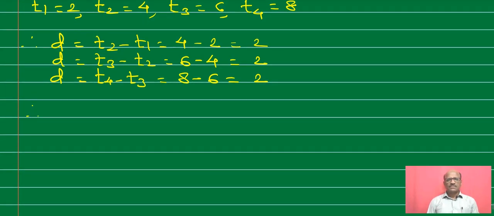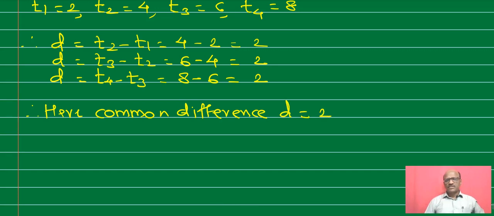Therefore here the common difference is constant. Therefore, the given sequence is in AP. Difference कसा मिळाला आपल्याला तर constant मिळाला. Common difference is 2.